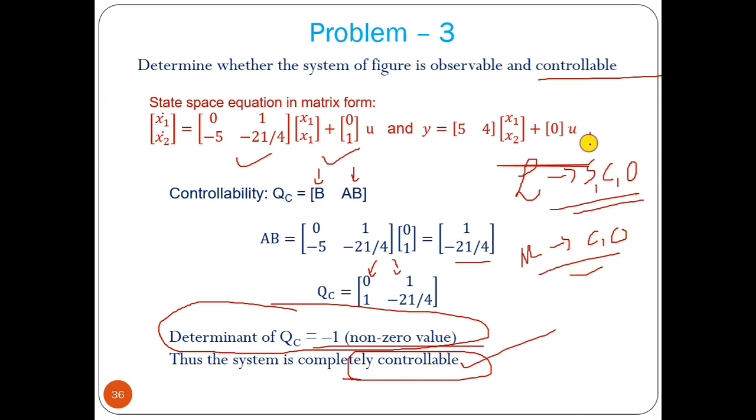Stability of a linear system we can find using the state space model and from the transfer function also. But controllability and observability we can find out only from the state space model. Similarly for nonlinear systems, only from the state space model.